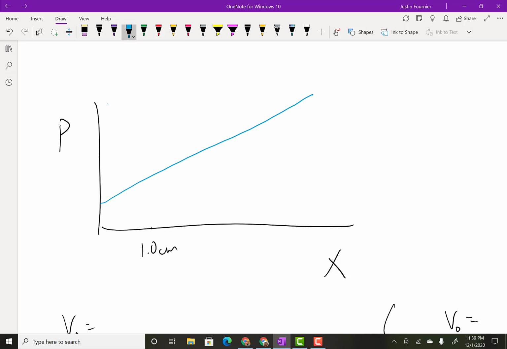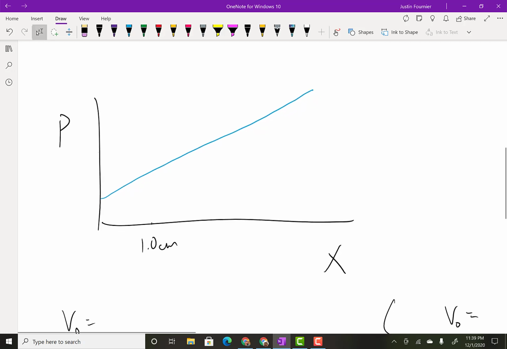So here's a graph of power versus position, and it has this relationship. Not necessarily is this going to be true, but I'm just using this for an example. And basically what I want to find out is the power at 1 centimeter here. So if I were to graph that and went over here and said, here's the power, and read it off my graph, that would be my answer.